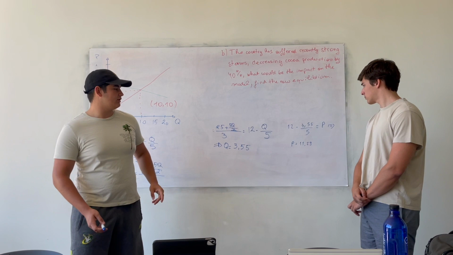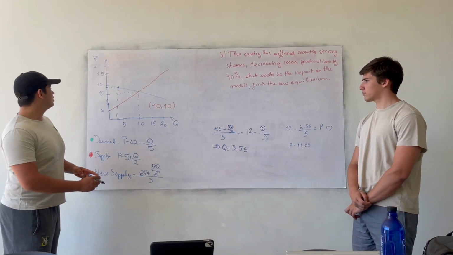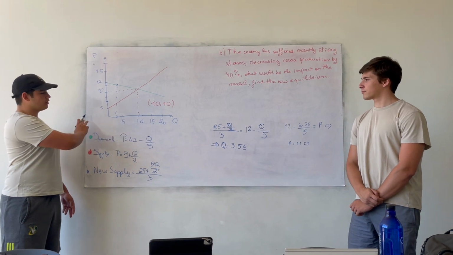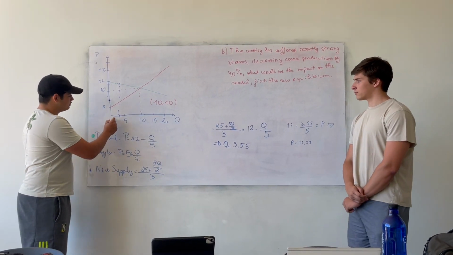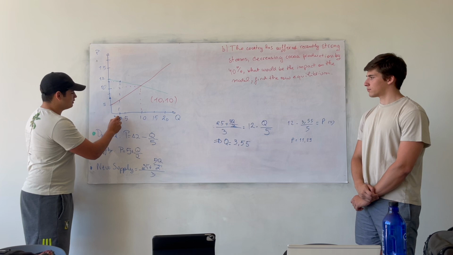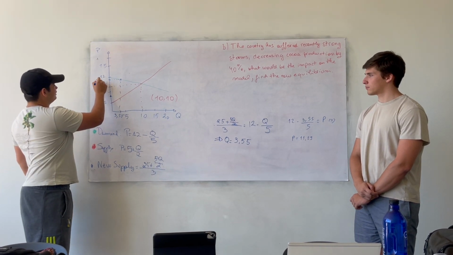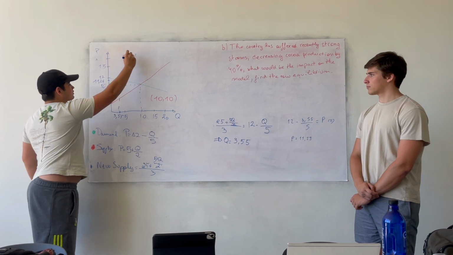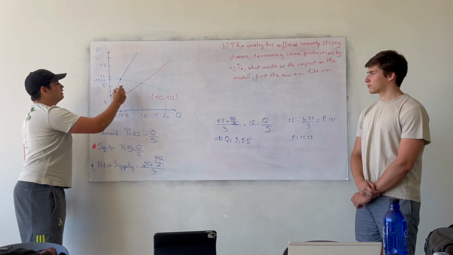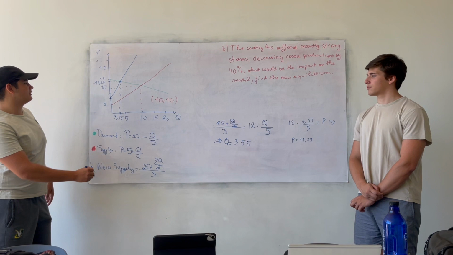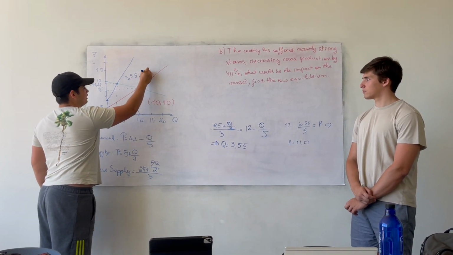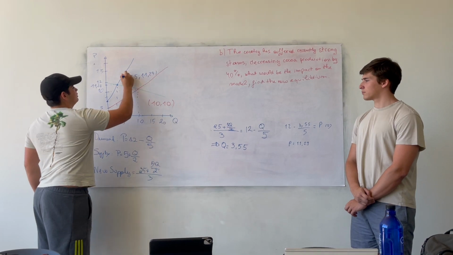We see that P is equal to 1129, so to find our new function graphically, we start at 355 and 1129, and we start from here, so it goes like this, and we see that our equilibrium point now is at 355 and 1129.